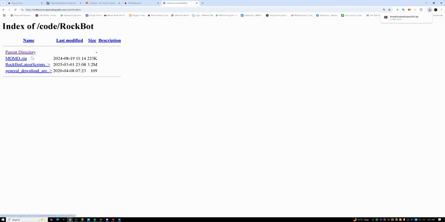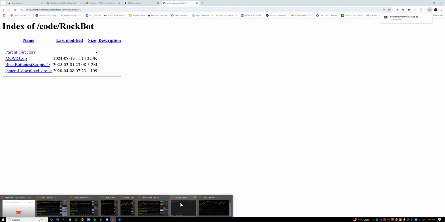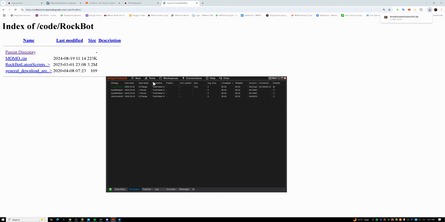So now that you have it on your machine, you're going to go to your NinjaTrader. Go to your control panel, then to tools, then to import, and you're going to import NinjaScript add-on. I don't know if you can see this. You might have to zoom in, but there's not much I could do. Sorry. Click on NinjaScript add-on. A window will pop up.